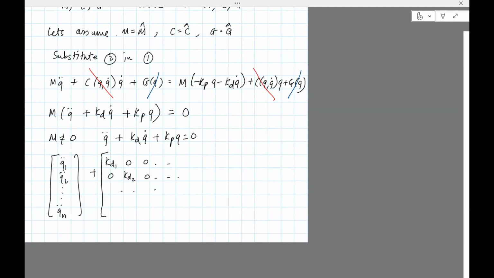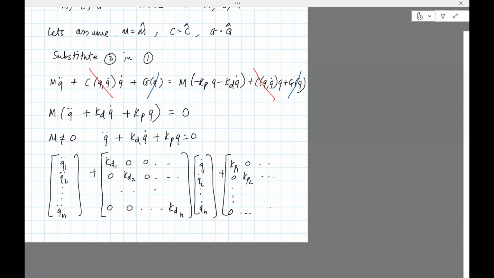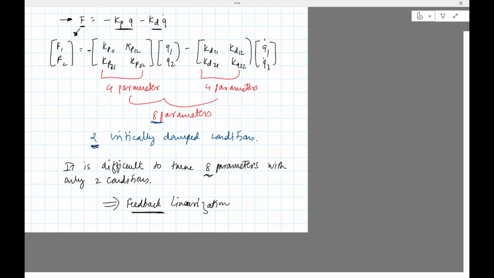In other words, I'm just choosing a diagonal form for kd because that's something I can choose. Times q1 dot, q2 dot, so on till qn dot, plus kp1, 0, so on, 0, kp2, up to kpn, times q1, q2, so on till qn. I'll choose them to be critically damped.